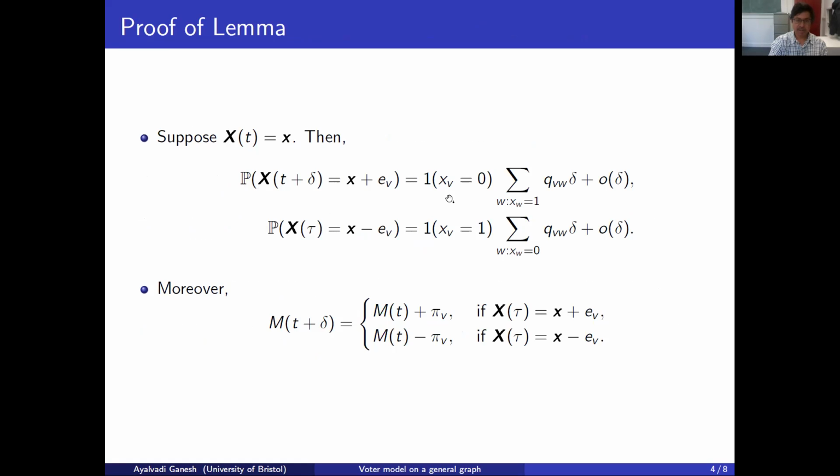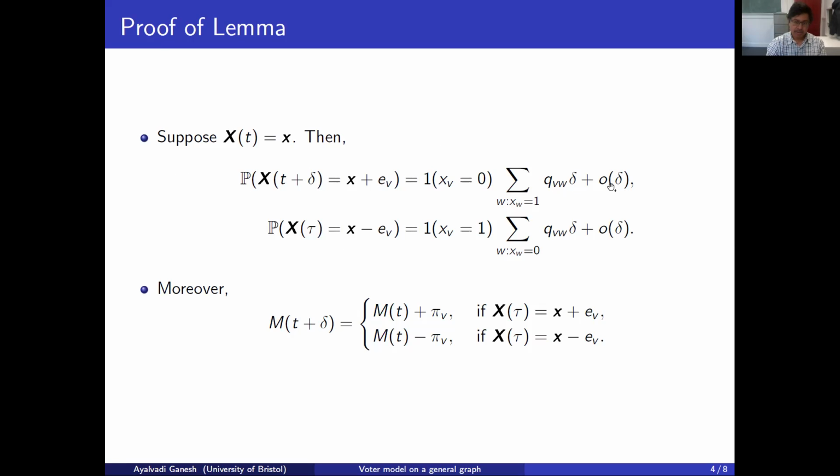It's x plus e_v. We already worked out the rate for the Markov process. I'm just multiplying that by delta to get the probability. And then there's little o of delta corresponding to 2 or more jumps in this process over the small time delta. But those are vanishing as delta goes to 0.